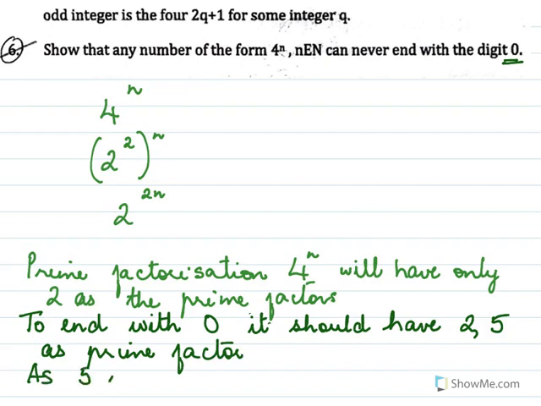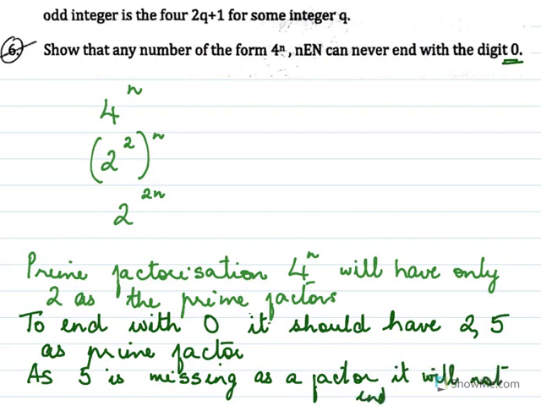As 5 is missing as a factor, it will not end with 0.